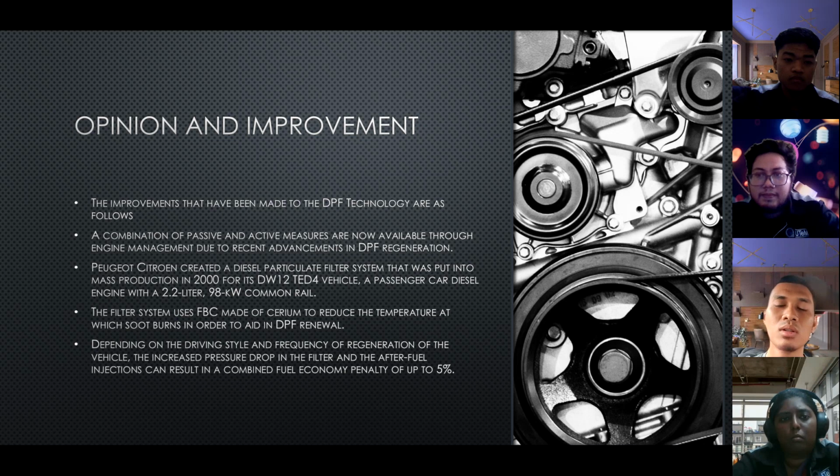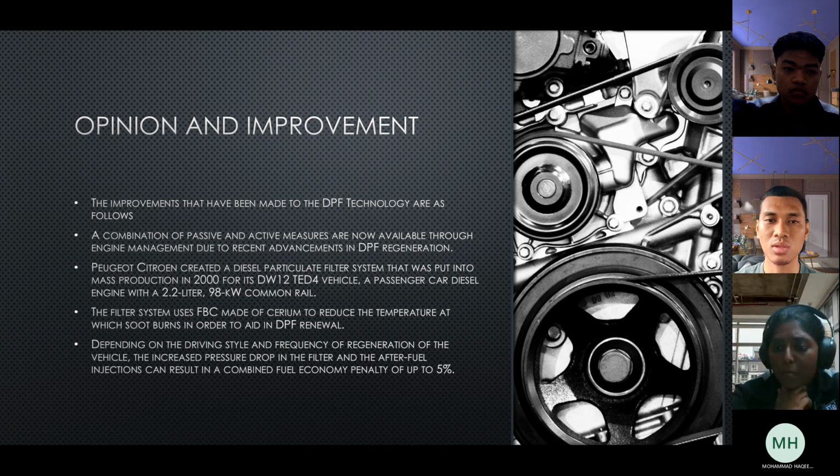Okay, so I will explain the opinion and improvement. The improvements that have been made to DPF technology are as follows. A combination of passive and active measures is now available through engine management due to recent advancement in DPF regeneration.